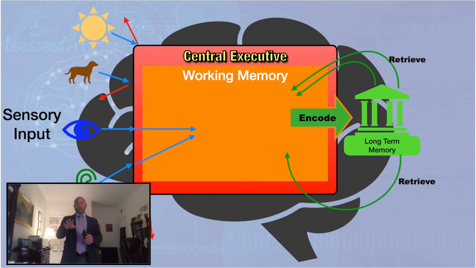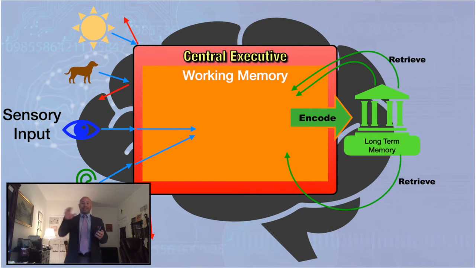So working memory is where we process information that comes into our brain. But before that information can get into working memory, we have the central executive. The central executive decides what information gets into working memory and what information it's not going to allow or kick back out.